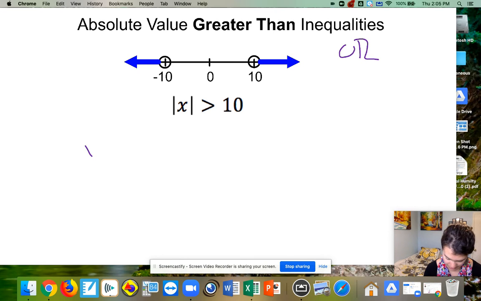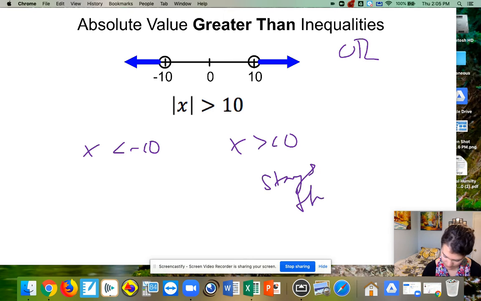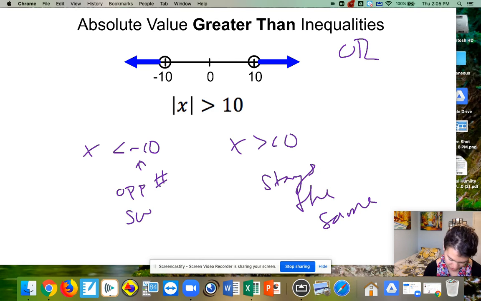So we can break it up. We had x is less than negative 10, or x is greater than 10. So this one stays the same. And then the one with the opposite side, so this one is negative, so the opposite number has to switch your sign. So it becomes a less than.